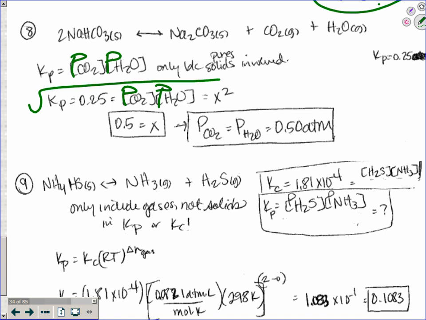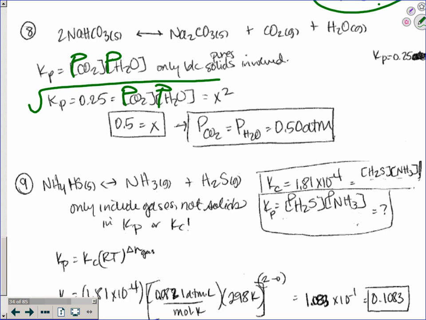Okay, so the last one, which was 10 on your paper, but it's actually 9, you had 2 gases, kind of the same story as number 8, but the idea was that you had Kc given to you, noting that we're talking about pressures, you had to then convert Kc to what? Kp first.